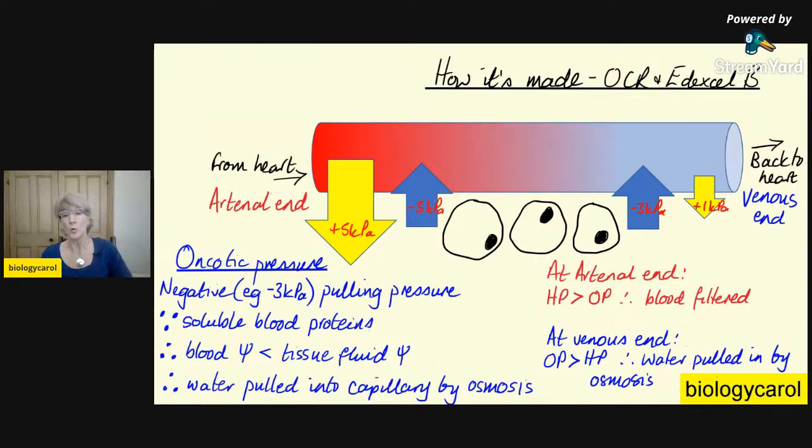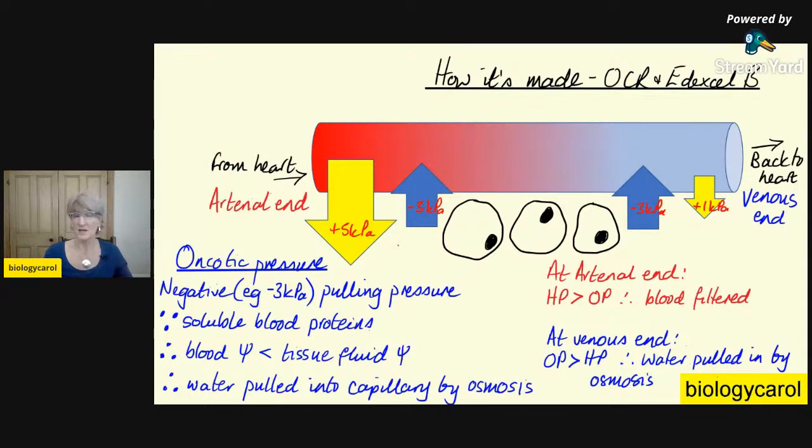And therefore, water is pulled in by osmosis. I find it really helpful to understand that hydrostatic pressure is a positive pushing pressure and oncotic pressure is a negative pulling pressure. And that helps me get my head around how this all works.